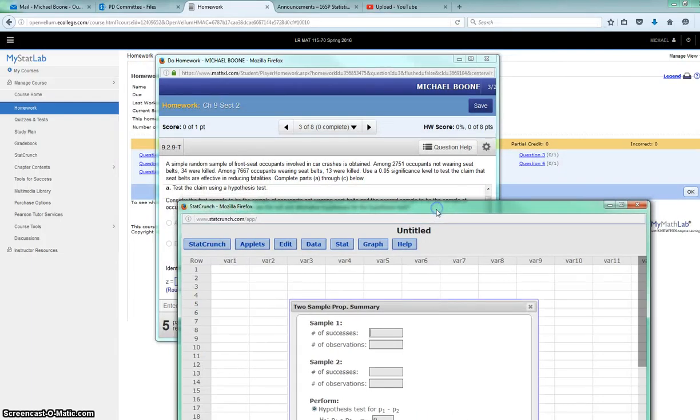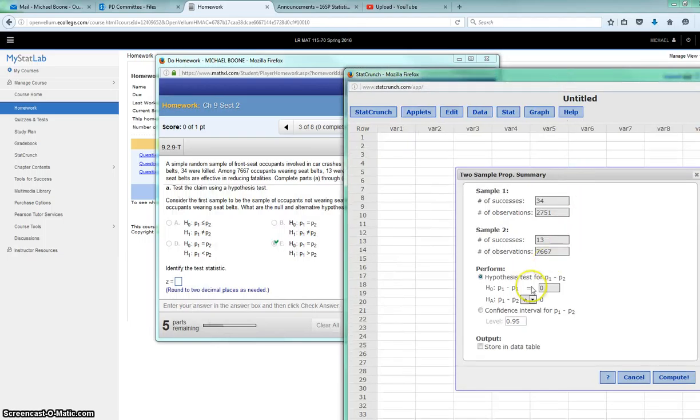So looking at this, I see that I had 34 that were killed out of the 2,751, and when they wore seatbelts, I had 13 that were killed out of the 7,667. Now I do want you to notice that the way that they write their hypothesis is a little different.